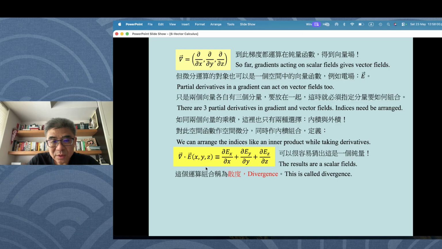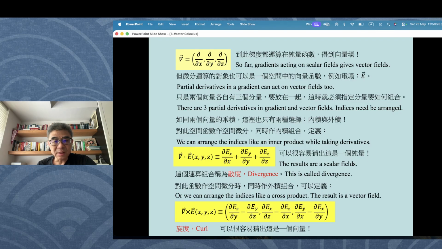This quantity is very useful. We call it the divergence, or div in short. Last week we already demonstrated in class that this divergence is very useful to transform the Gauss law from integration formula to the differential formulation. We'll review it again today.